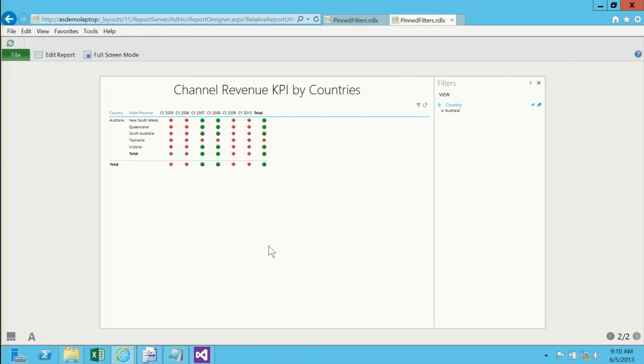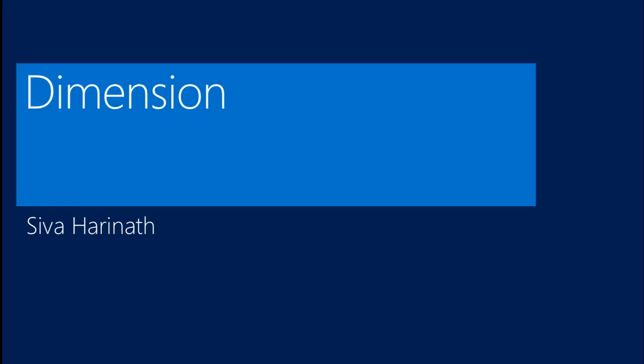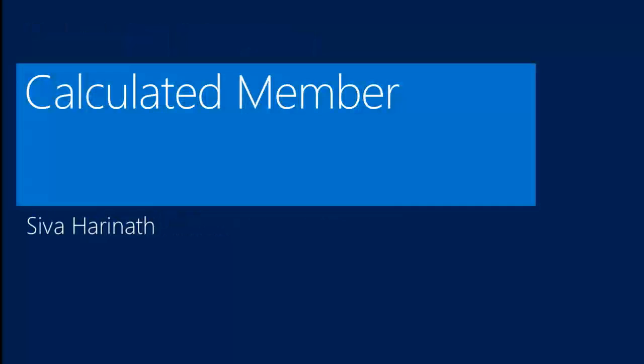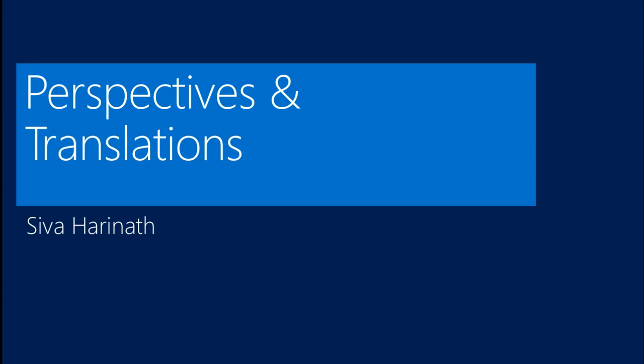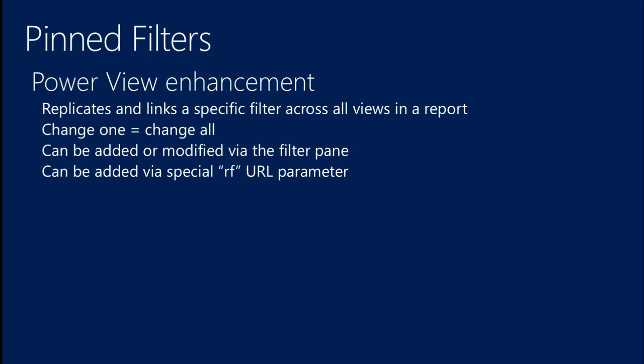Okay, so let's go back to some slides. Yeah, we've seen all those. So for pinned filters, it's a PowerView enhancement, and it replicates and links specific filters across all views in the report. Change one, change all. So if you change one of those pinned filters, it will propagate through to all the other slides in PowerView.